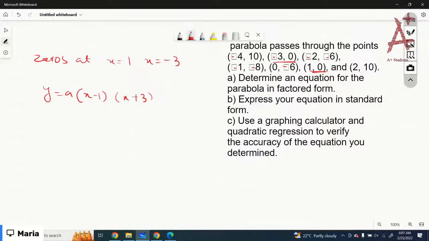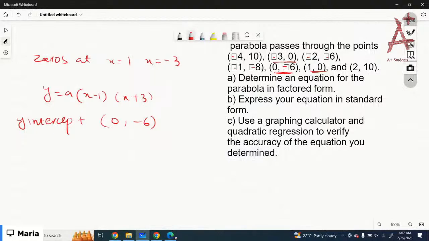So let's substitute a point into the equation. The y-intercept is 0, negative 6. That is the y-intercept. X is 0 and y is negative 6. So let's put the y-intercept into the equation and solve for a.